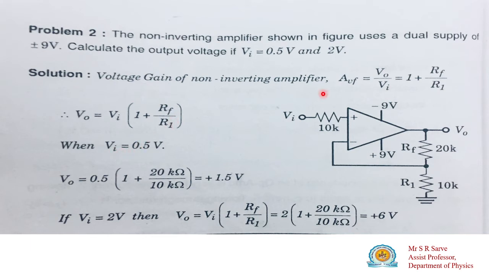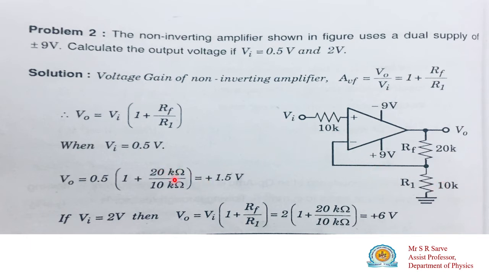Considering the first condition, 0.5 volt input, substitute this value. The input voltage is 0.5 into 1 plus the feedback resistance. It is given in your diagram as 20 kilo ohm. Both R1 are the same, 10 kilo ohm, so you can substitute any one.